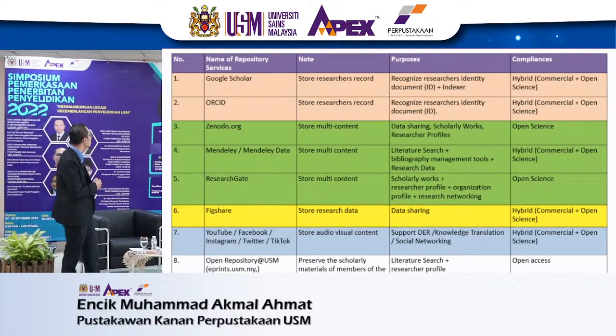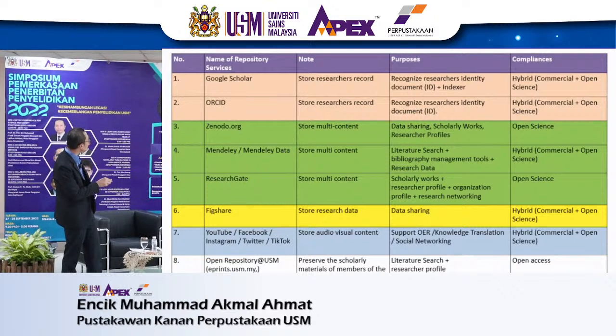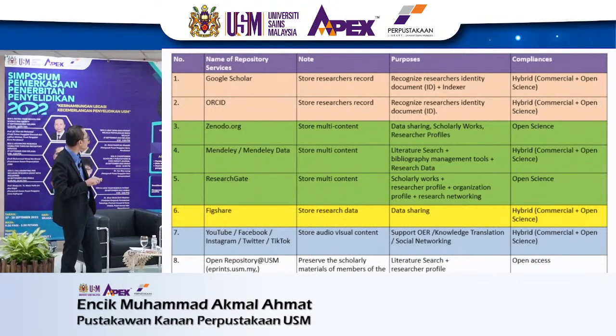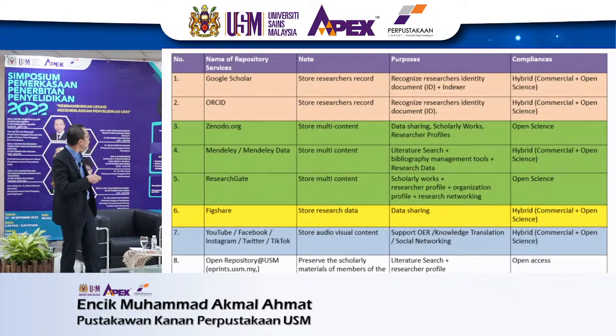The second one is similar to Google Scholar, but they call it ORCID here. ORCID has a similar function to Google Scholar, but it does not have an indexer function. So whenever people search your name on Google, the finding will first appear on Google Scholar, not ORCID.